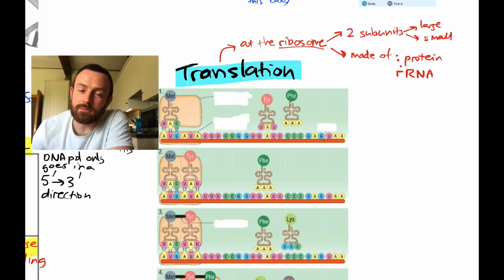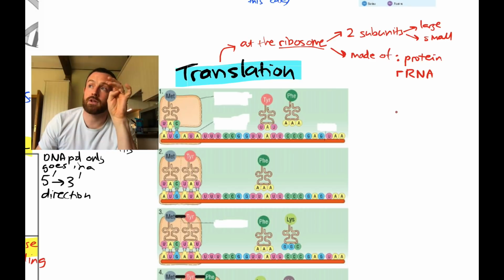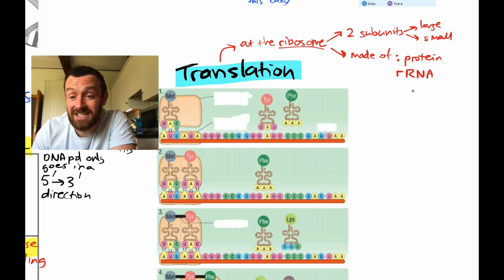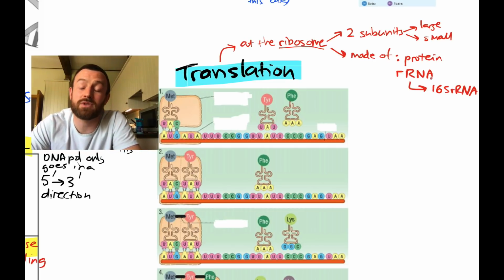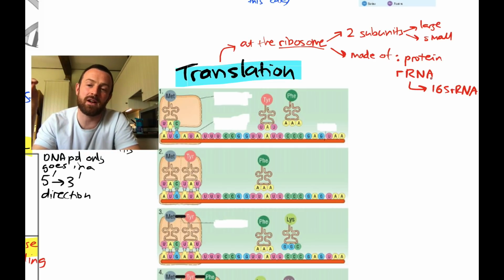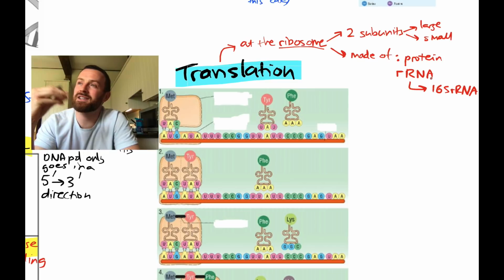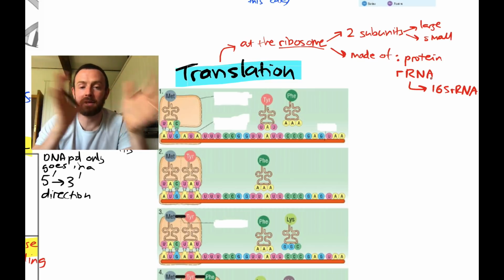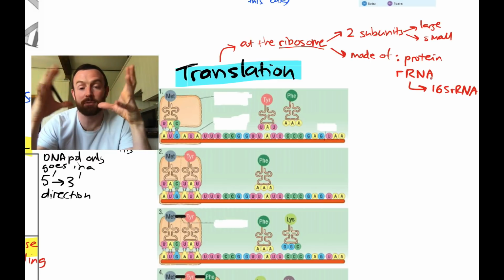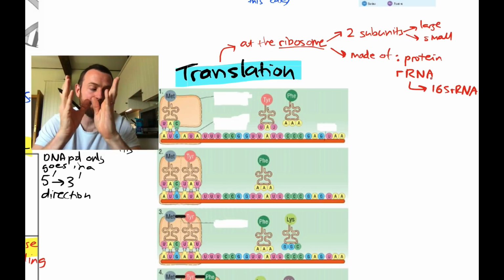And actually, if you want to link this to the work that we did on phylogenetic analysis, the 16S rRNA is part of the ribosome. So it's one of the universal pieces of cellular machinery that all living things have, and we can analyze it and compare the differences between rRNA in multiple different species and work out their evolutionary relationships.